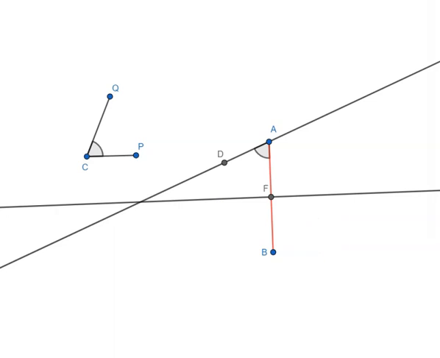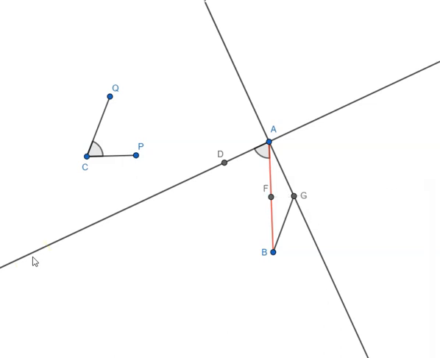We need that. Okay, now if you notice, this perpendicular to AD is also intersecting with the bisecting line of AB. So let's mark this point of intersection as G, and let's join BG, and let's remove these lines. Very distracting.